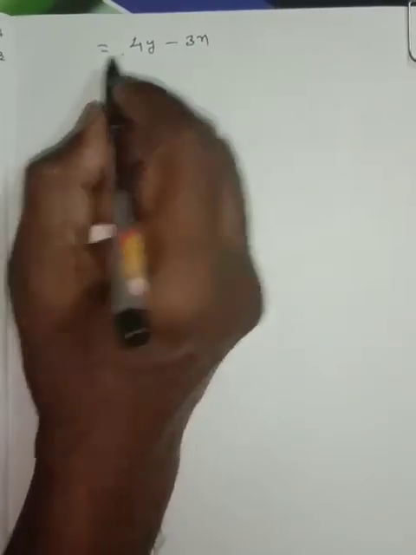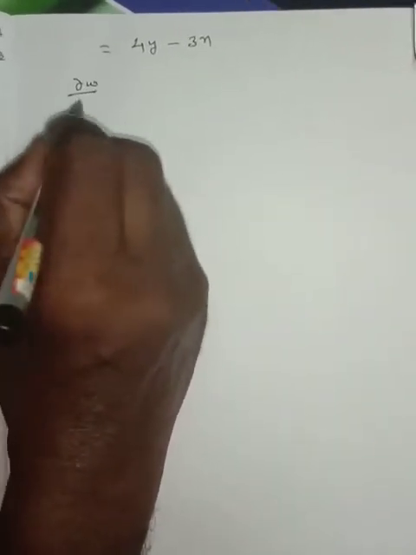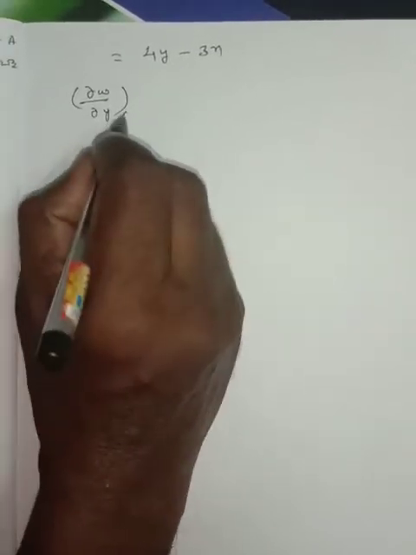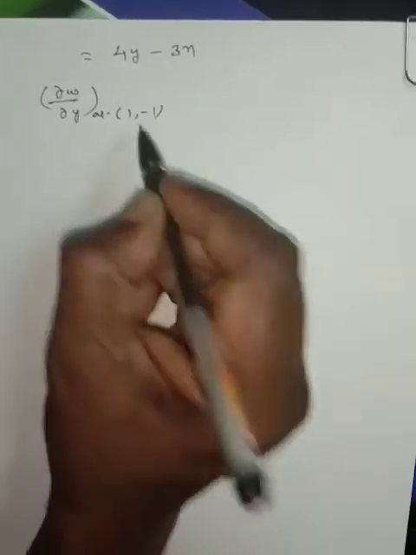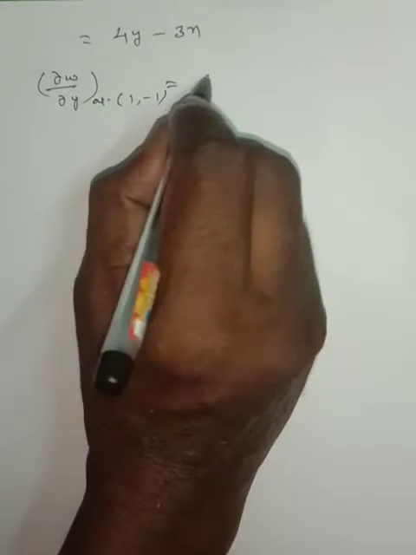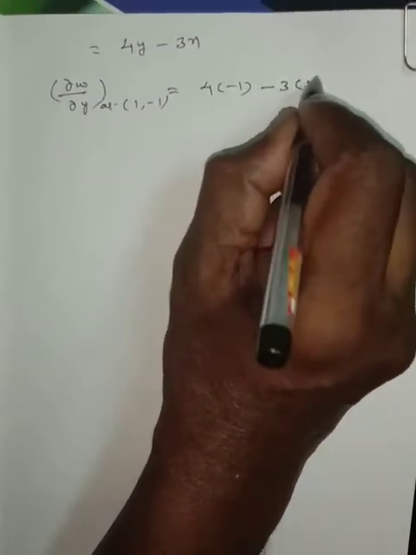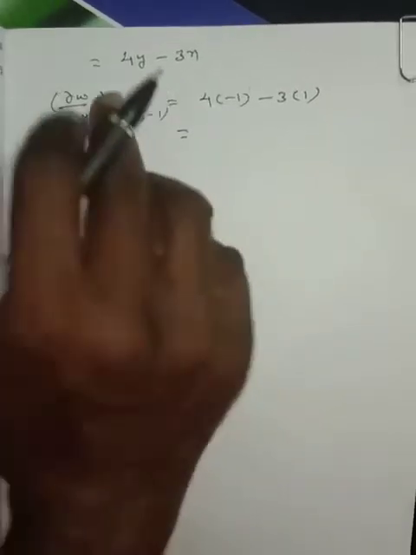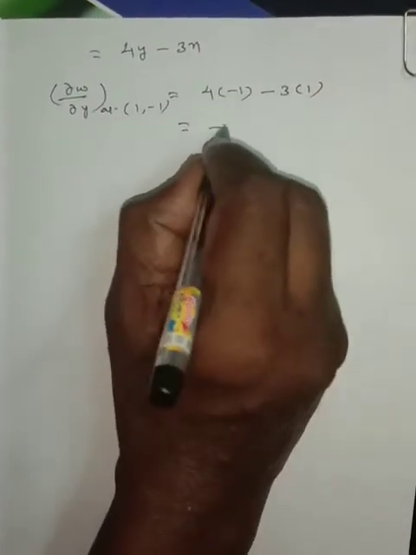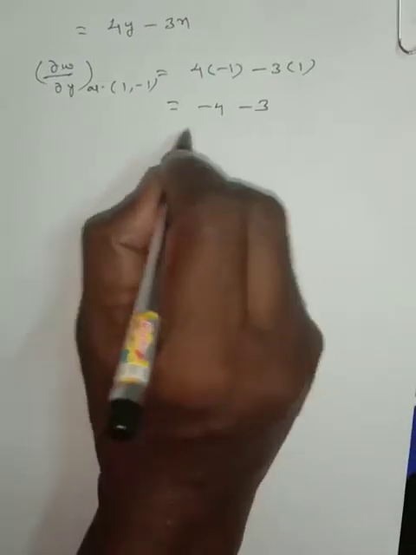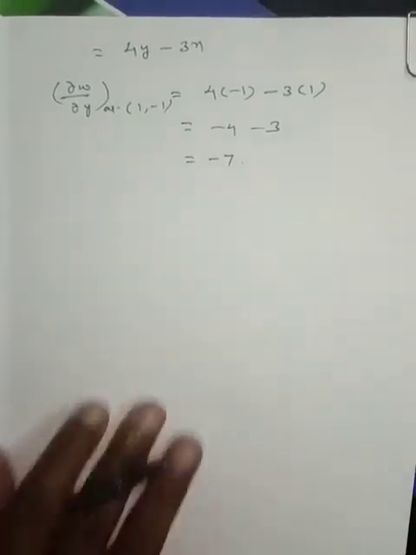Dou w by dou y at 1 comma minus 1 is equal to 4 into minus 1 minus 3 into positive 1, which is equal to minus 4 minus 3 is equal to minus 7.